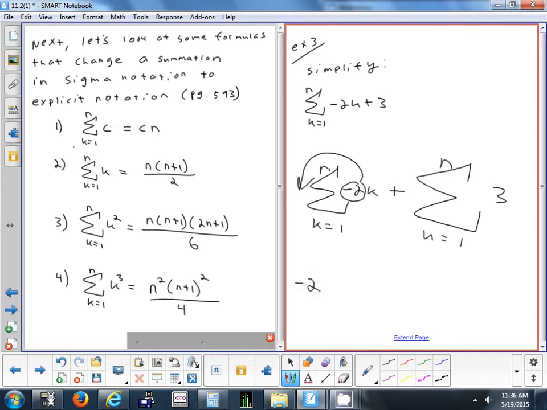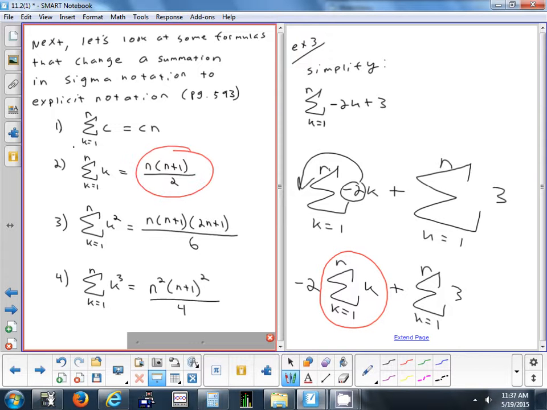So now we have negative 2 times the sum from k equals 1 to n of k plus the sum from k equals 1 to n of 3. This we have a formula for. So we're basically going to substitute in.